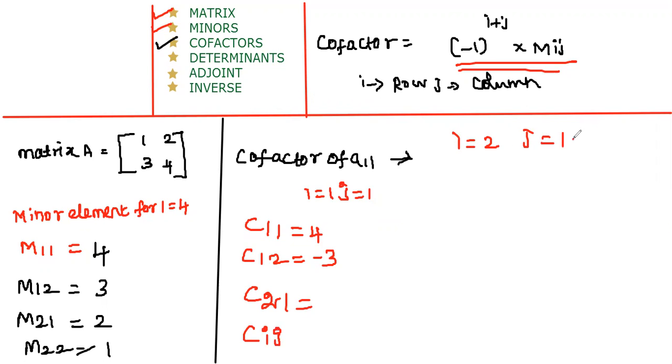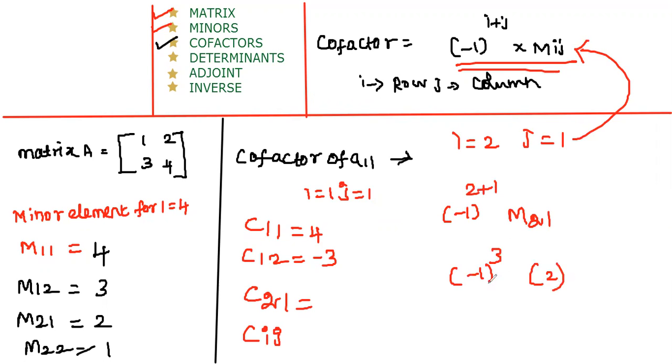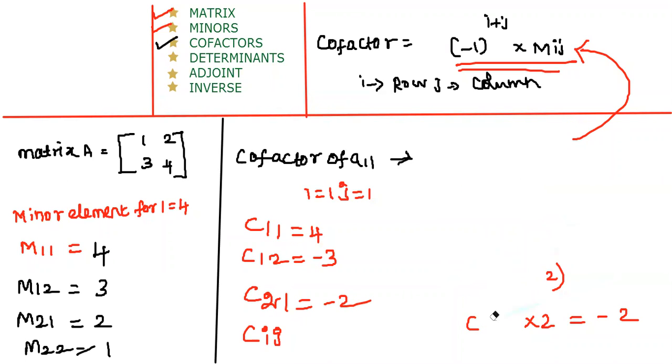If I substitute these values over here, it's going to be -1 whole power 2 plus 1 and the value of Mij will turn into M21. So what is M21? M21 is 2. So -1 power 3 is -1, into 2, which is -2. So I found the value of C21.